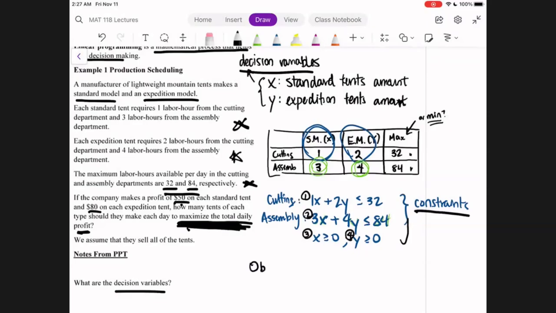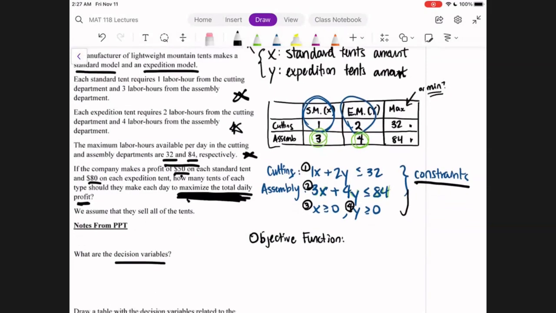So in these problems you have something called an objective function. Typically this is what you're trying to maximize or minimize. Okay. So in this case your objective function would be your profit. So your profit equals, so you can write this under your table if you want, when you're thinking of your profit.